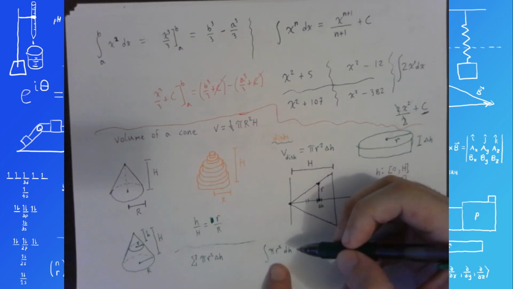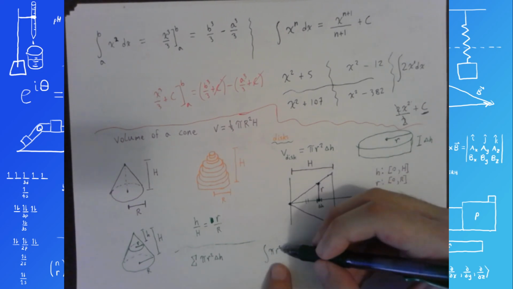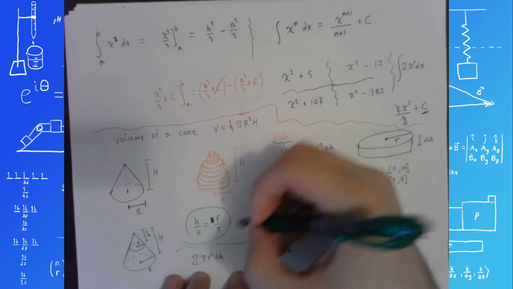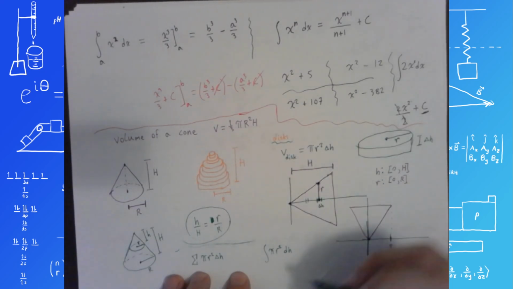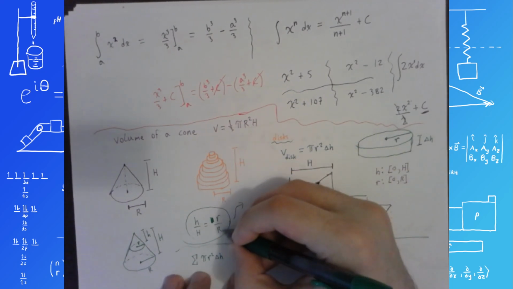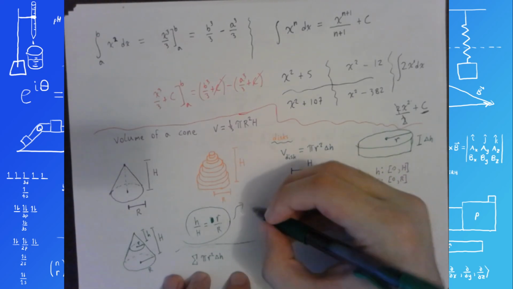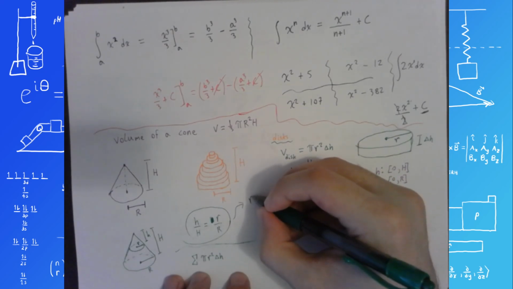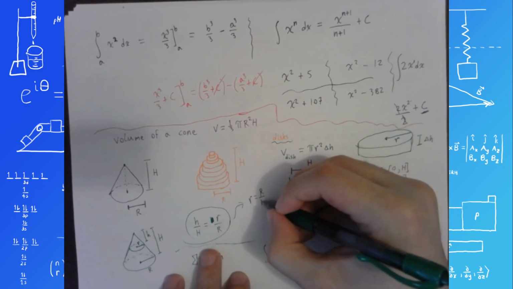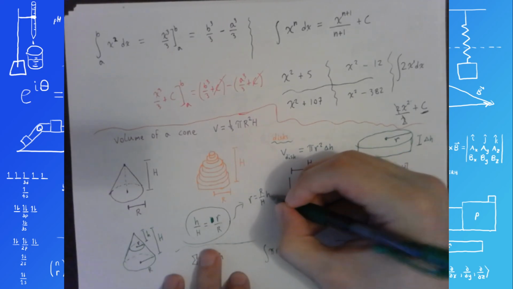We haven't really learned how to change differentials, so I'm going to focus on changing the variable. Fortunately, we've got this, so we can redefine r. Just multiply the big R over to the left, and you've got little r is equal to big R over big H times little h.